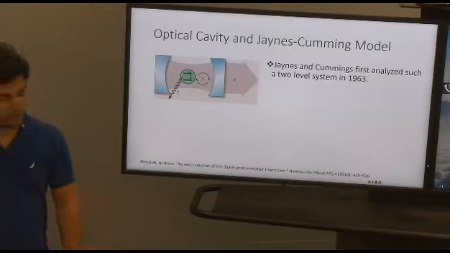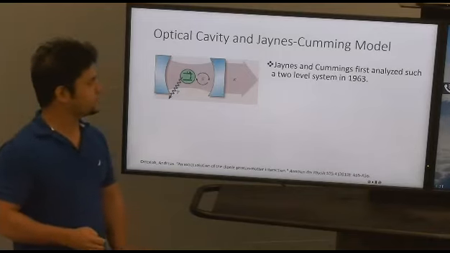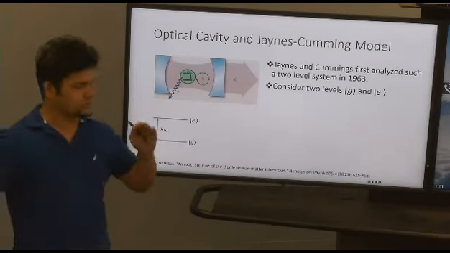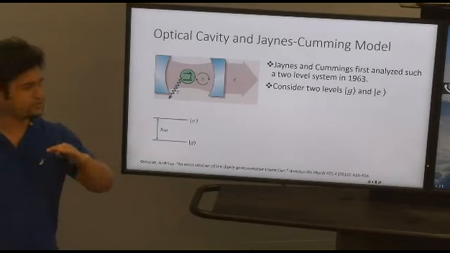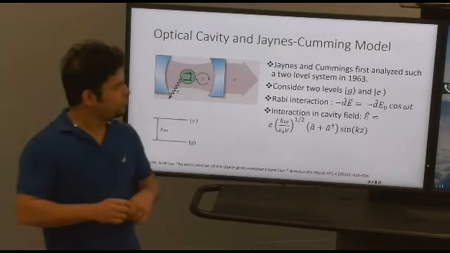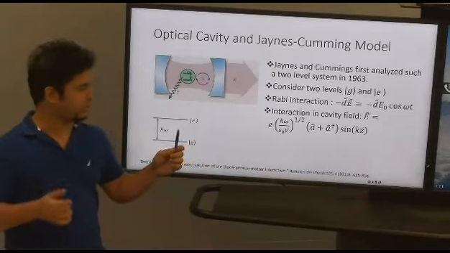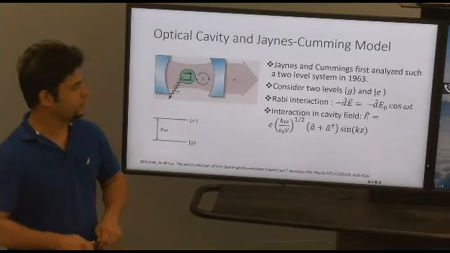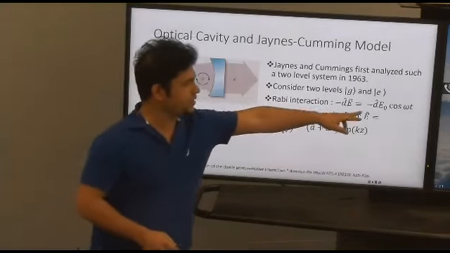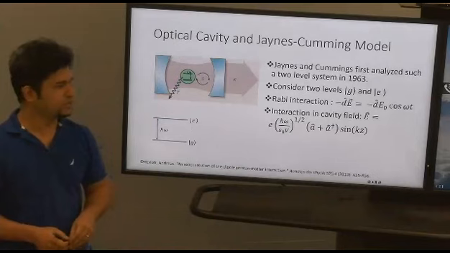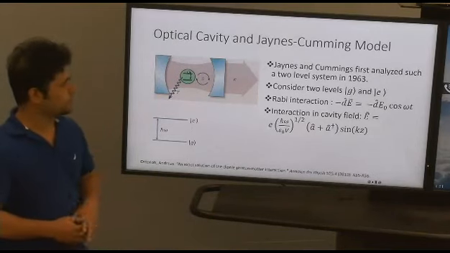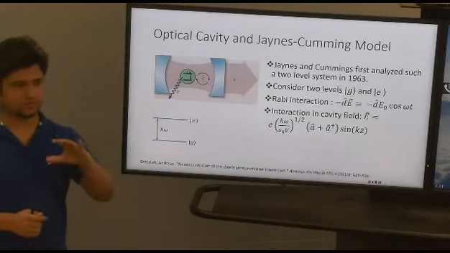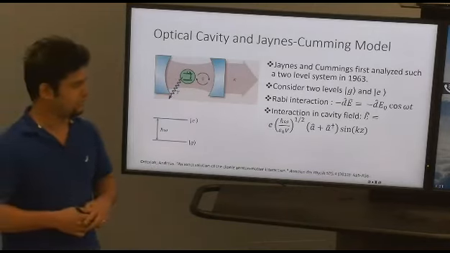Jaynes-Cummings first analyzed such a two-level system in 1963, and considered only two levels: the ground state and the excited state. If we consider a similar system like the Rabi interaction system, they consider the interaction dE cos omega t only. But in the Jaynes-Cummings model, they consider a photon interaction, as a photon, not as a continuous wave function.